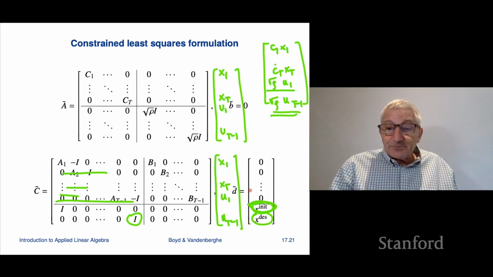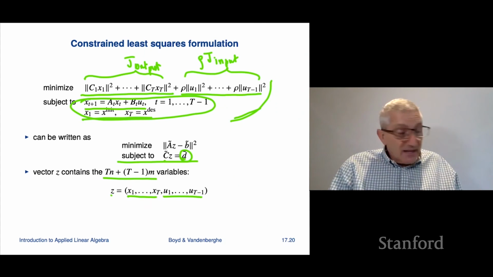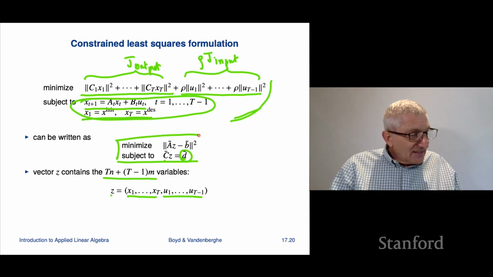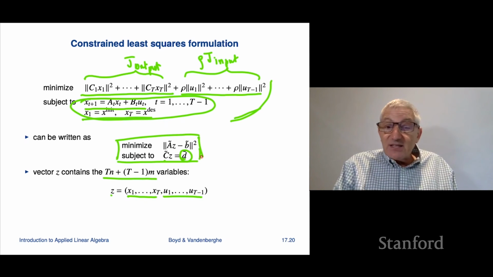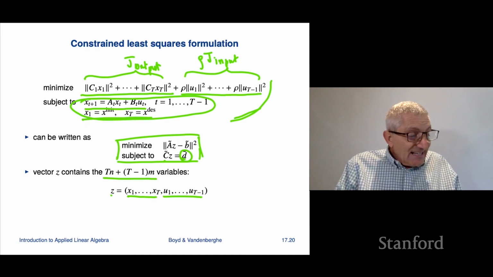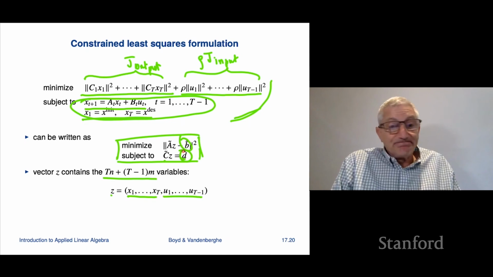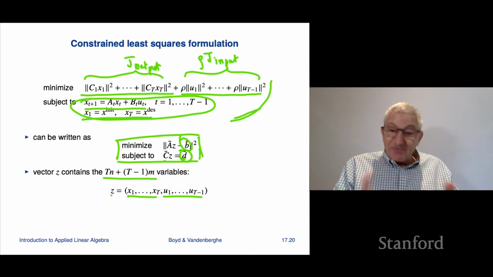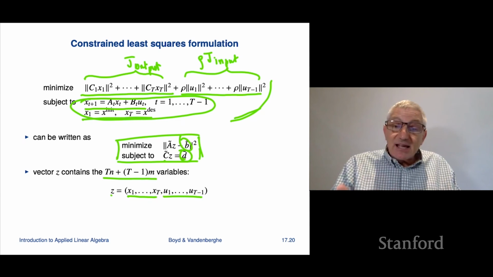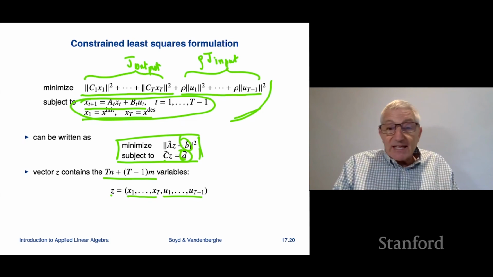Now, when I go to a constrained least squares problem like this, the solution is actually linear in b tilde and d tilde. And you can check that. That comes directly from the specific formula for the solution that comes from the KKT system.